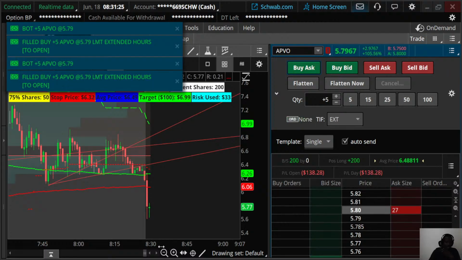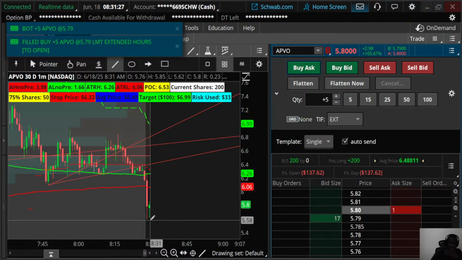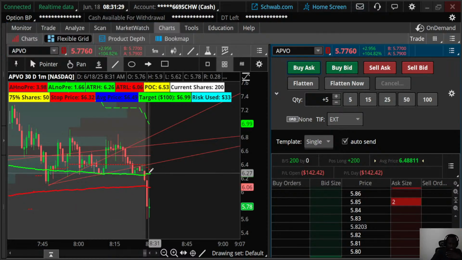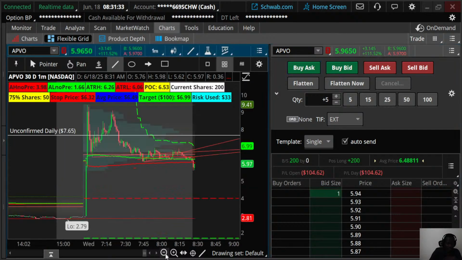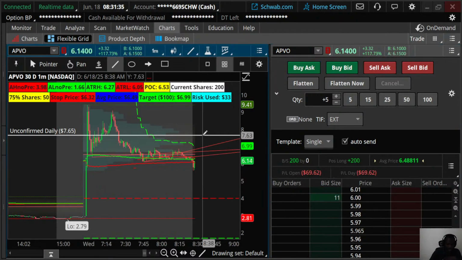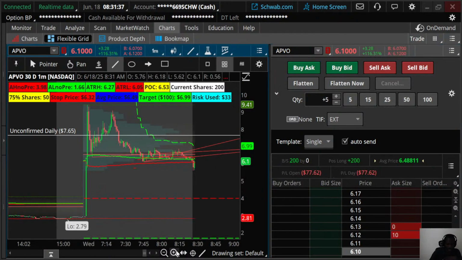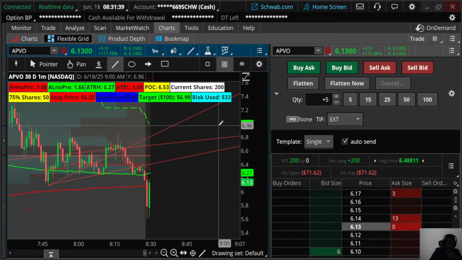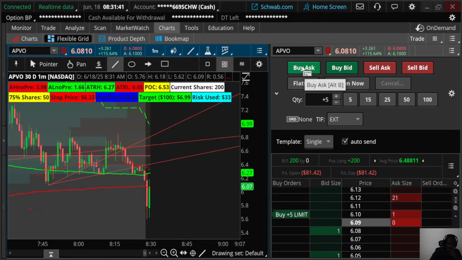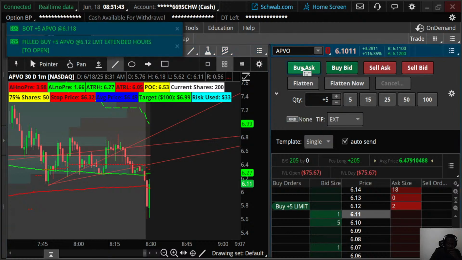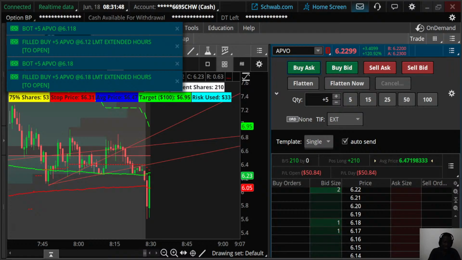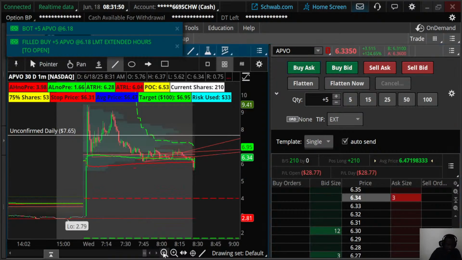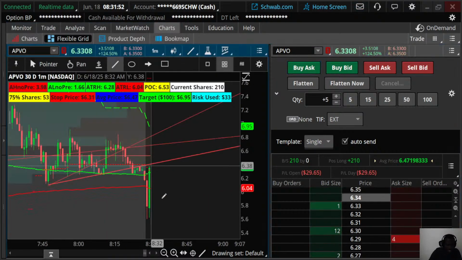So I got 200 shares and looking for it to walk back up. So 650 is where I'm in at. The point that I thought it could get back up to is maybe this 673-ish level. Okay. I'm gonna add a little bit more around 6, 205. All right, so I got 210 now.